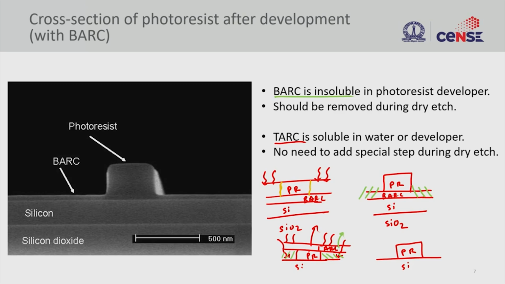So, if you are doing implantation where you want to expose silicon, you may also want to remove BARC, right. So, BARC layer will reduce the energy of the implant ions, right. So, you want to remove BARC layer when you go for implantation. Okay. So, these are all the various considerations you should have while using this bottom anti-reflective coating.